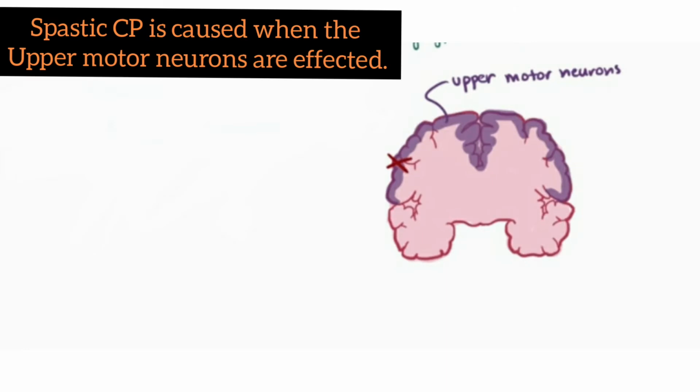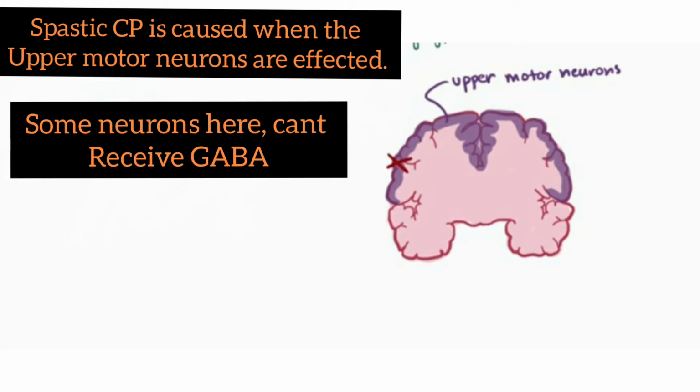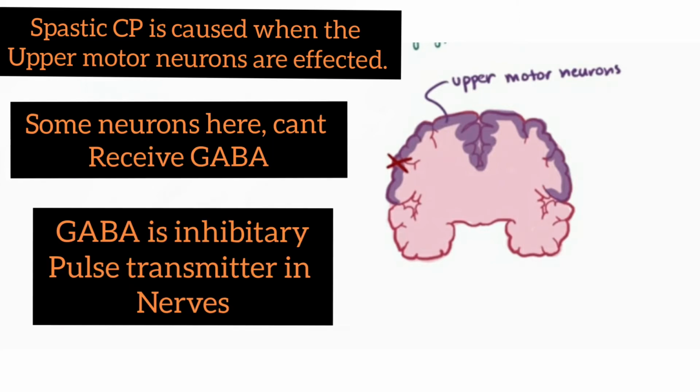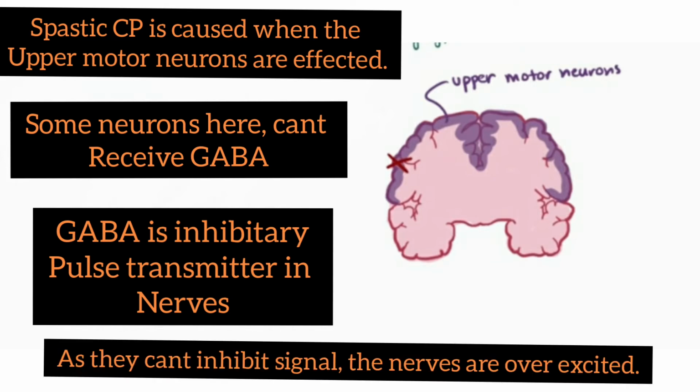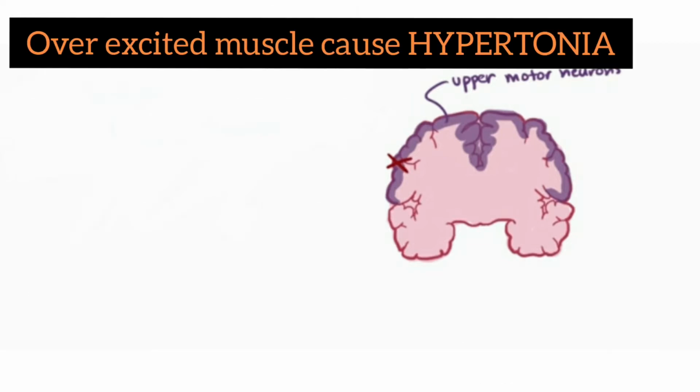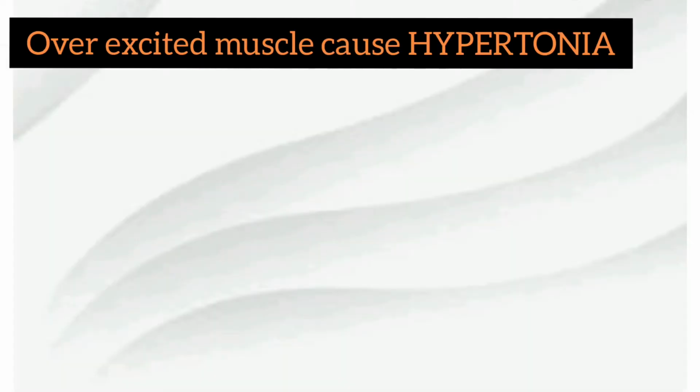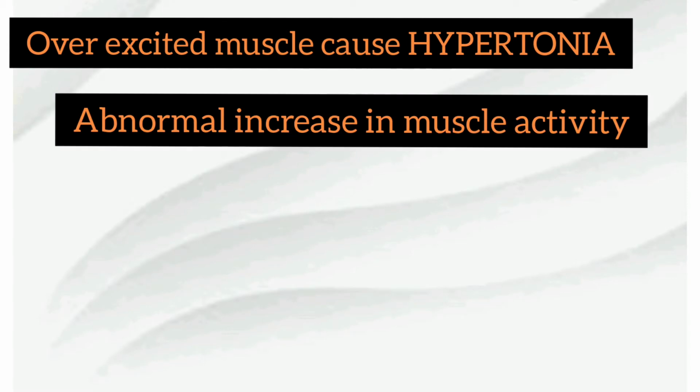The upper motor neurons send our body signals for movement, and they have something called GABA, a nerve inhibitory, which helps the nerve impulses travel from the brain to the body. So when this is not working properly, the nerves are overexcited, and this results in hypotonia.